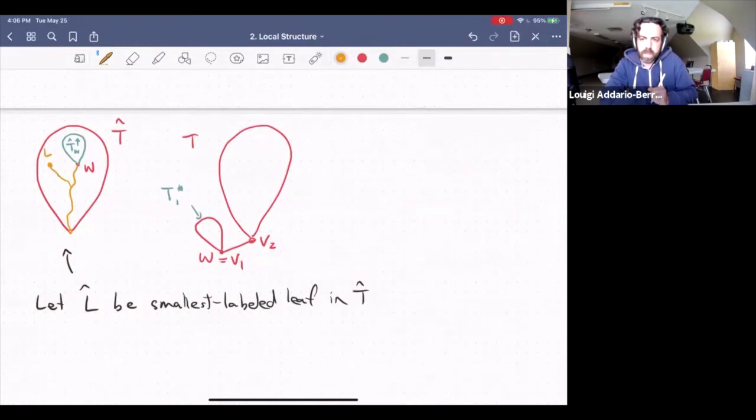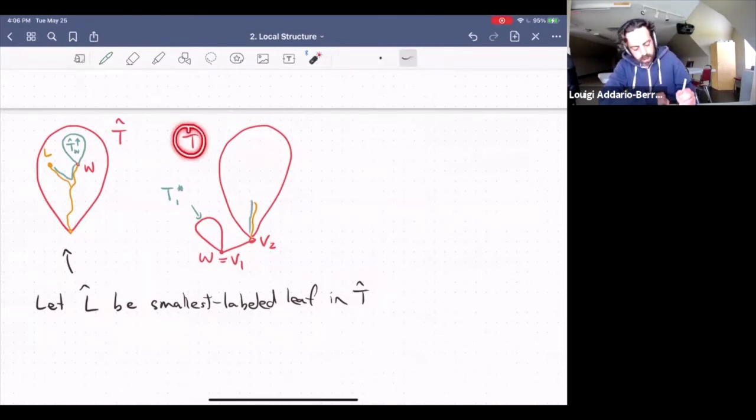Now, when we reroute the tree at W, the smallest labeled leaf will not be in this subtree. It'll be somewhere out here. So this part of the path heading to W is sort of guaranteed to lead to the smallest labeled leaf in T, assuming that we didn't get unlucky and find the smallest labeled leaf in this subtree.